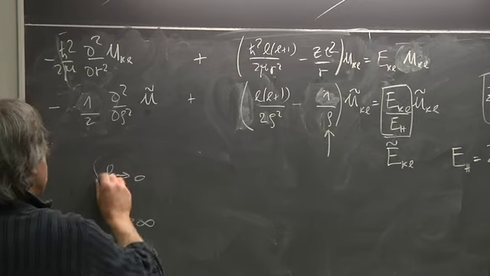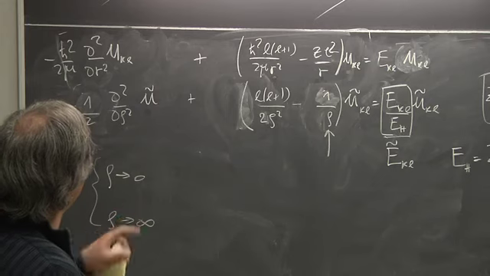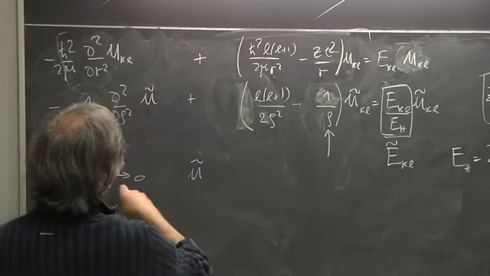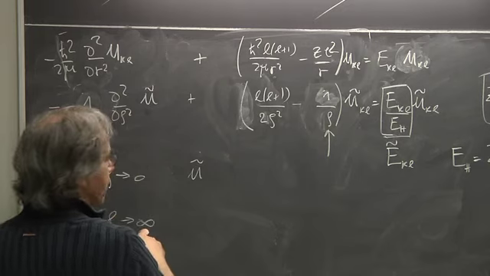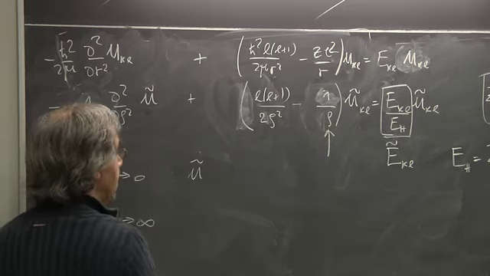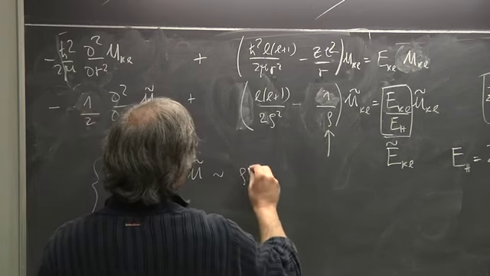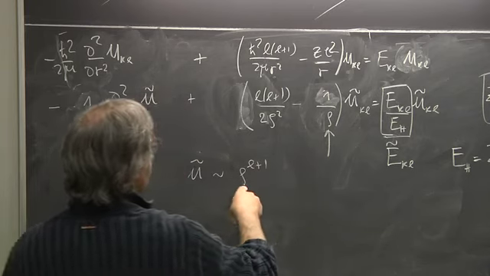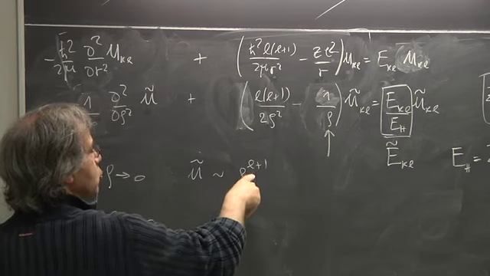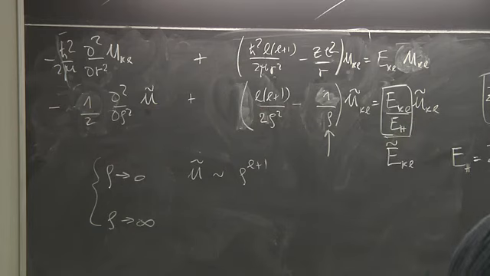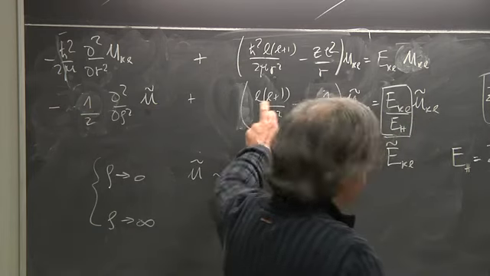So there are simple arguments that you can make to tell me how the function u tilde should go for rho going to 0 and for very large distances. And we will see that for very small distances, this should go like rho to the power L plus 1, where L is whatever appears there.